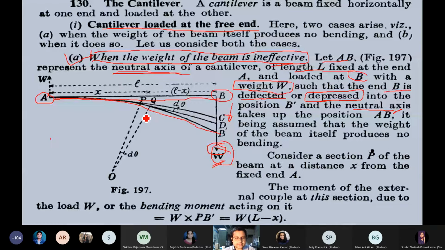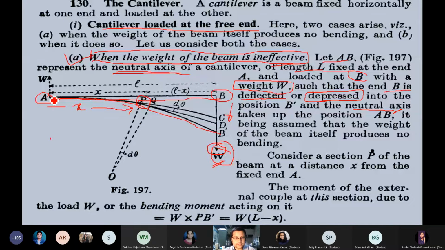Now we need to consider a similar concept. Yesterday we talked about the cross section of this particular beam, so here again the same concept is taken. Suppose the section P of this beam represents a section kept at a certain distance x from its original position.